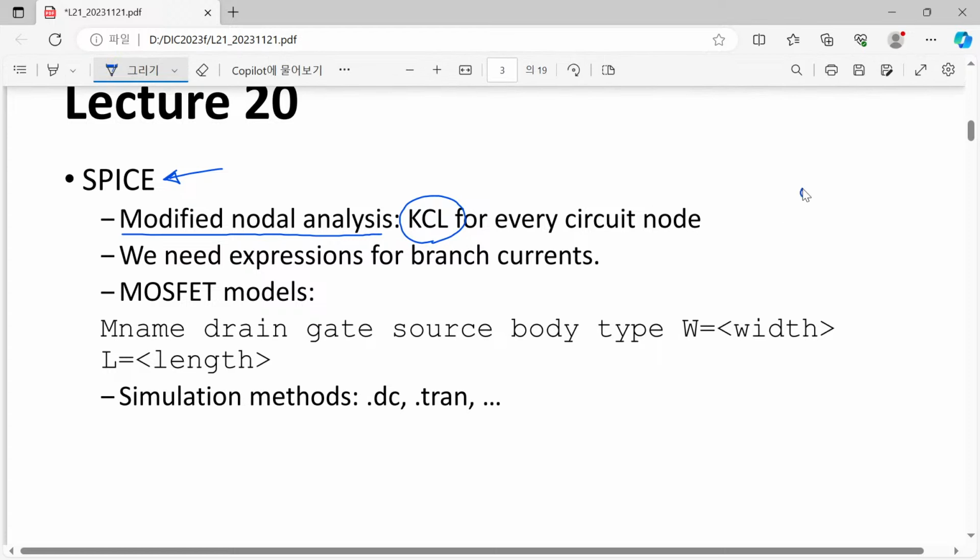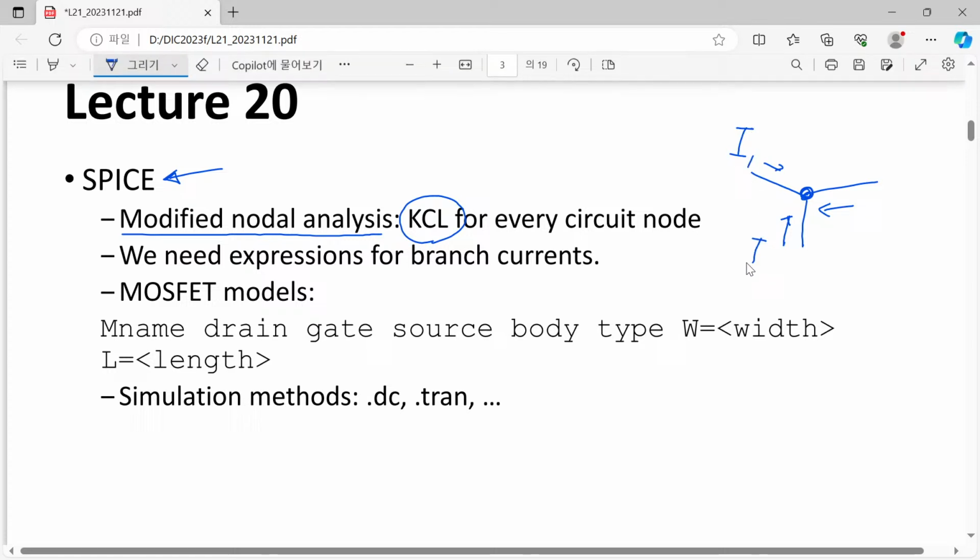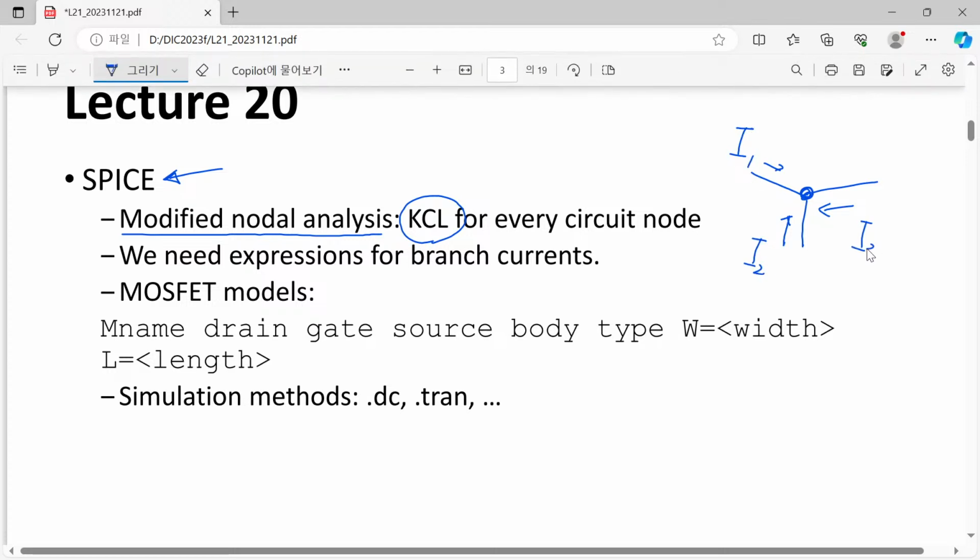Of course, KCL simply means that the sum of branch currents should be 0, with a direction, incoming or outgoing. So we have to understand what this branch current is. If we have 3 branches, I1, I2, I3, then the sum of I1, I2, and I3 should vanish.